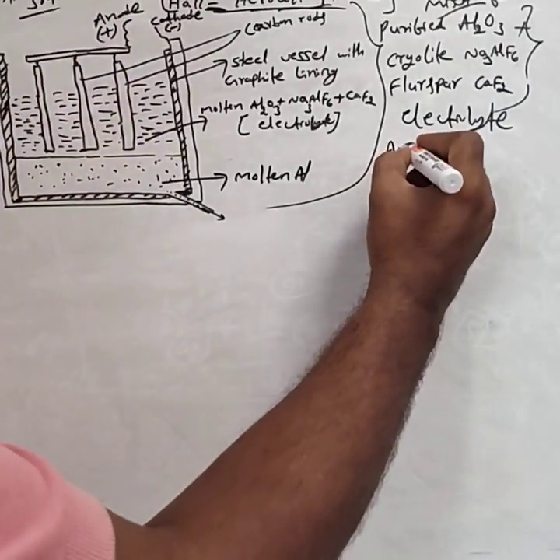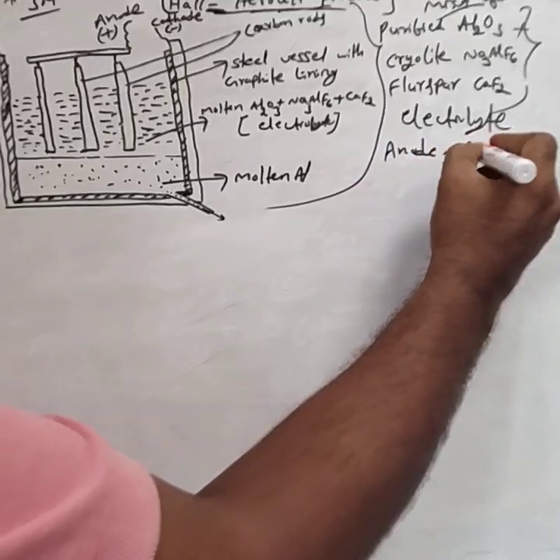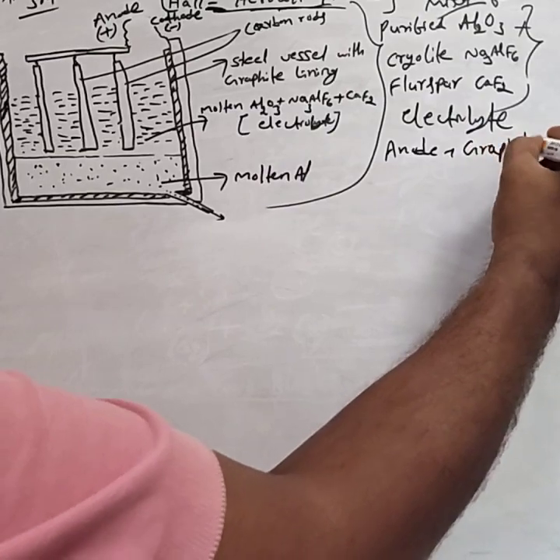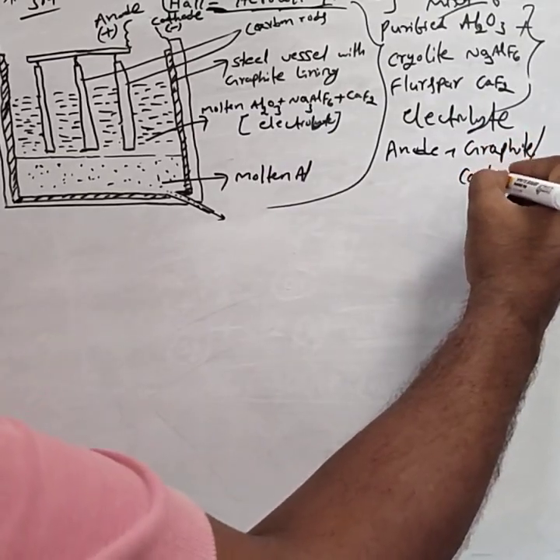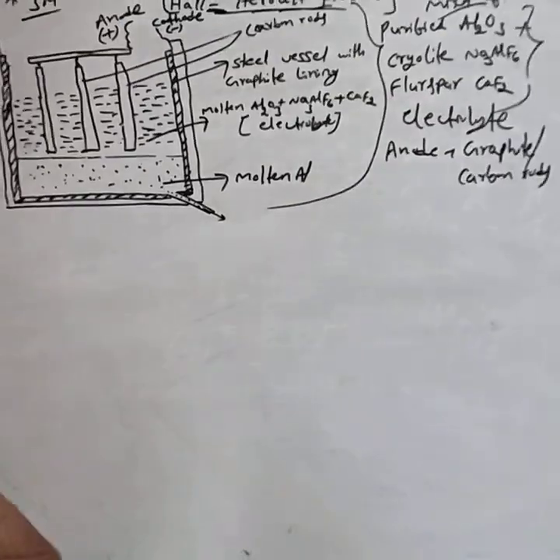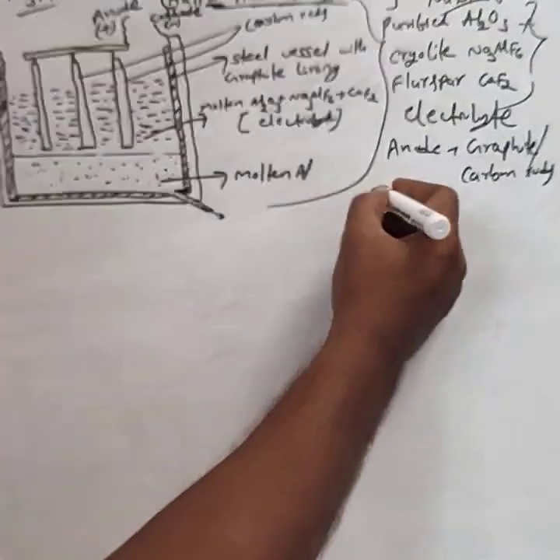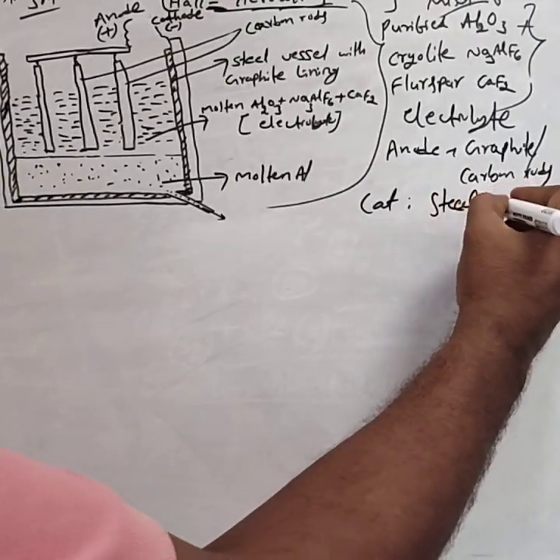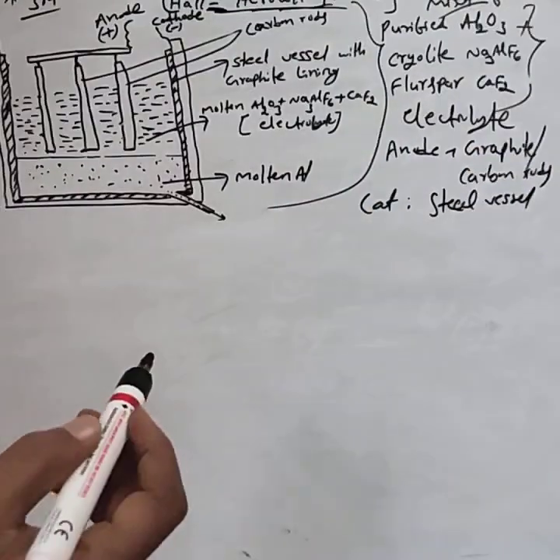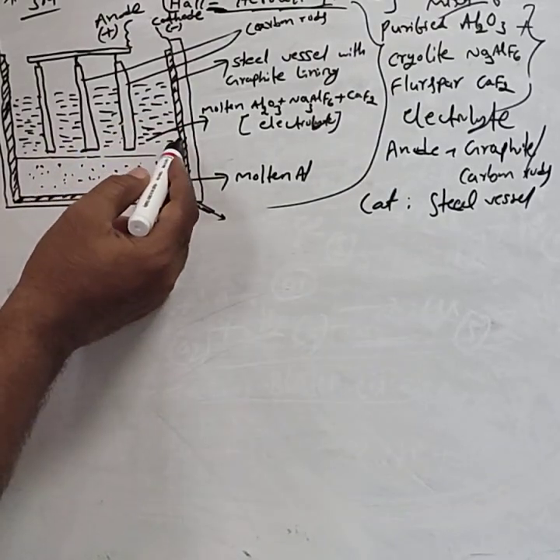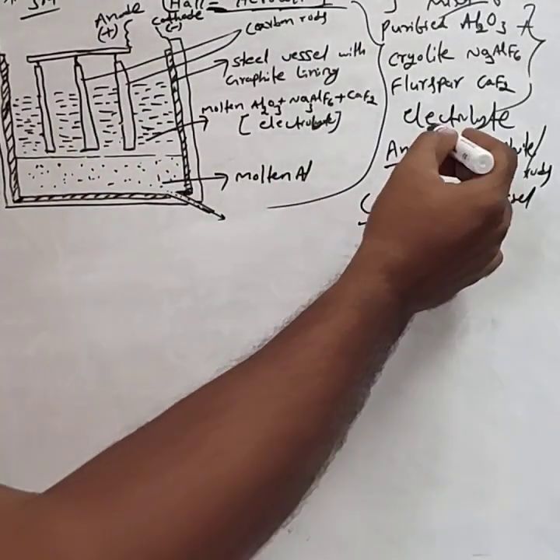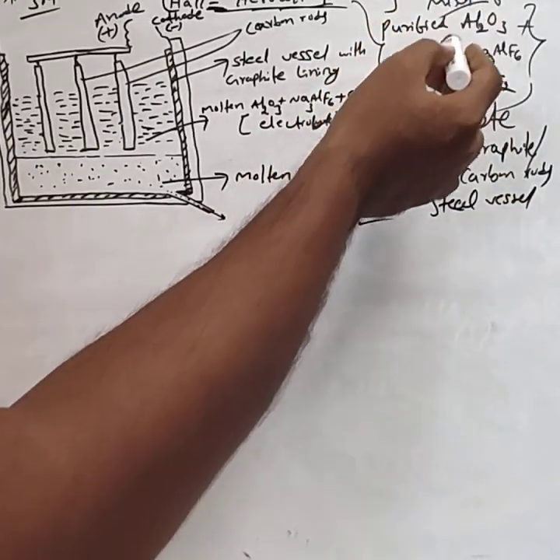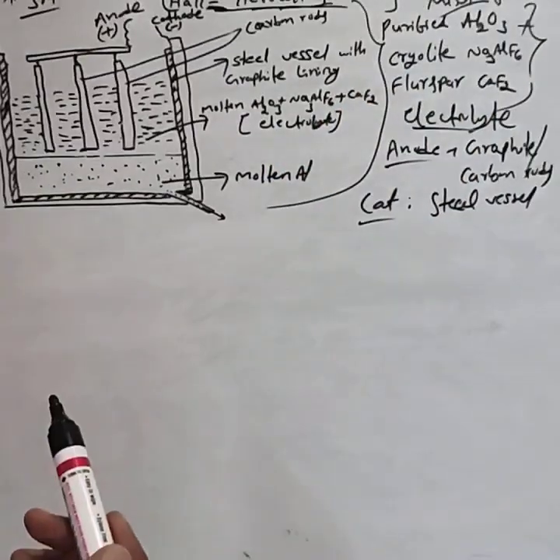The cathode is the steel vessel lined with graphite, and the electrolyte is a mixture of purified alumina, cryolite, and fluorspar.